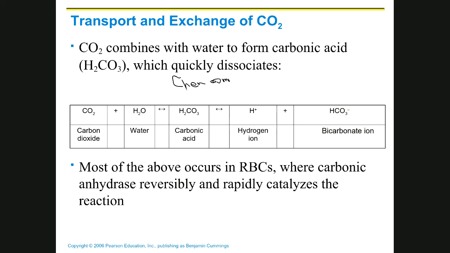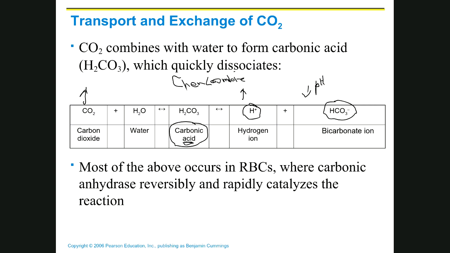And when they chemically combine, we're going to make carbonic acid. And just like all acids, it's going to separate, and we're going to get a hydrogen ion and a bicarbonate ion. We already know this because this is what we talked about when we said that if you increase carbon dioxide, automatically you're going to increase hydrogen ions and you're going to decrease pH. We already know this. So it happens.